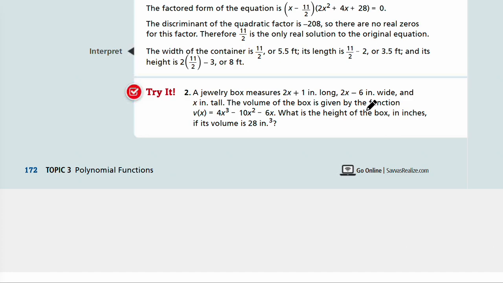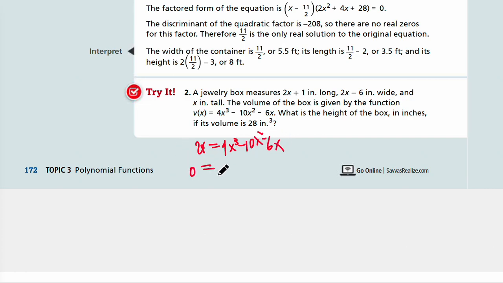All right, are you ready? Yeah, so the first step, you would look at the volume. Its volume is 28 inches. So your equation should be 28 is equal to 4x cubed minus 10x squared minus 6x.